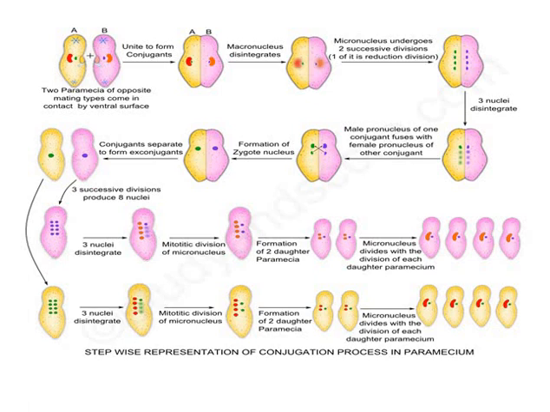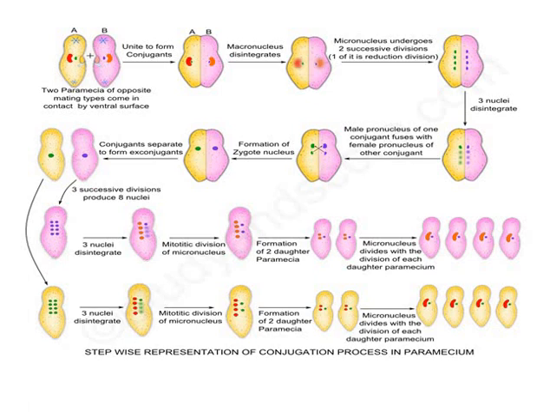To form conjugants, the macronucleus disintegrates. The micronucleus undergoes two successive divisions. One of the reduction divisions, 3 nuclei, degenerate. The male pronucleus of one conjugant fuses with the female pronucleus of the other conjugant, forming the zygote nucleus.